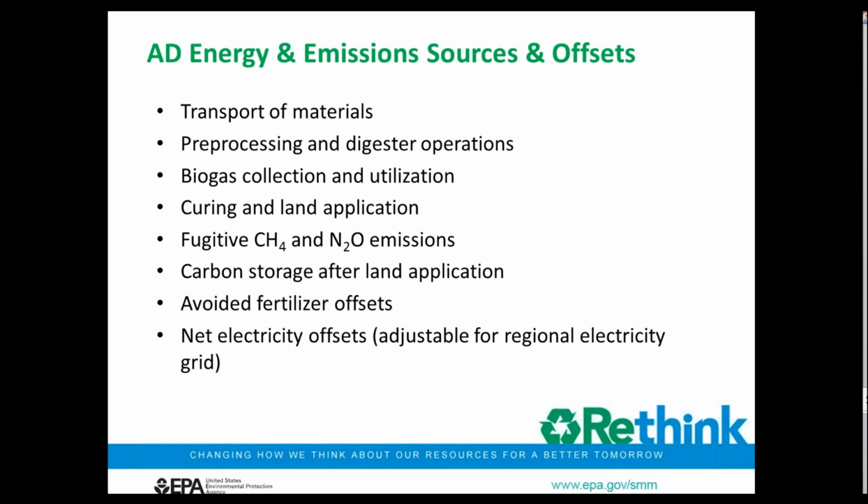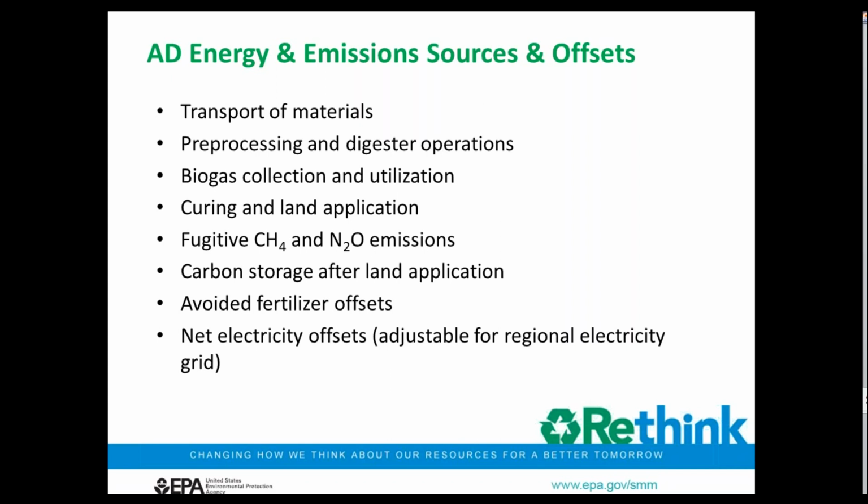So just to provide a quick summary of what the different energy and emission sources and offsets are for anaerobic digestion. First, there's transportation of materials, getting the waste materials to the reactor, and then afterwards transporting them for land application. Then there's the pre-processing and digester operations, so any fuels needed for chipping the materials, screening them, and then eventually keeping the digester at the appropriate heat.